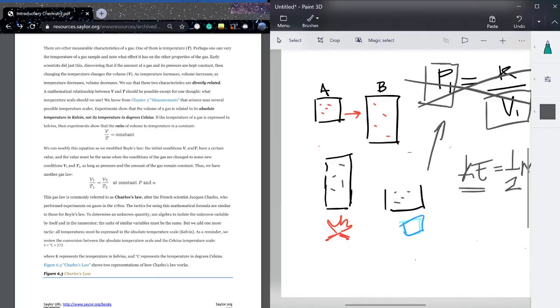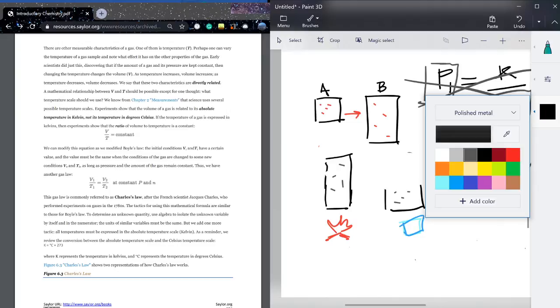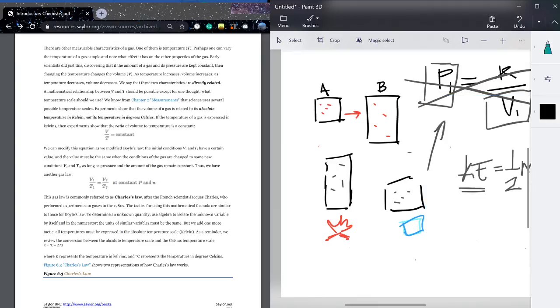Whereas in the second scenario, where the temperature is lower, these molecules will be moving slower and therefore colliding less frequently. In order to keep the pressure the same, you shrink the walls of the container and reduce the distance that the molecules have to travel before colliding, and that keeps the pressure constant.